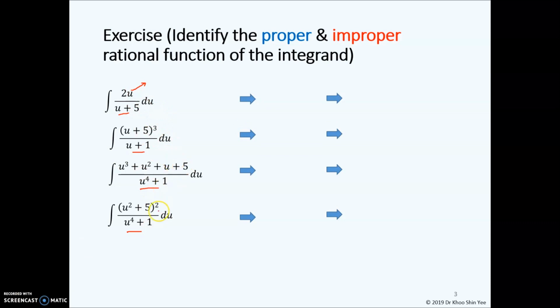Please identify. The hint is that for the improper type, we can further reduce it by using factorization, or we can say we can further factor it.